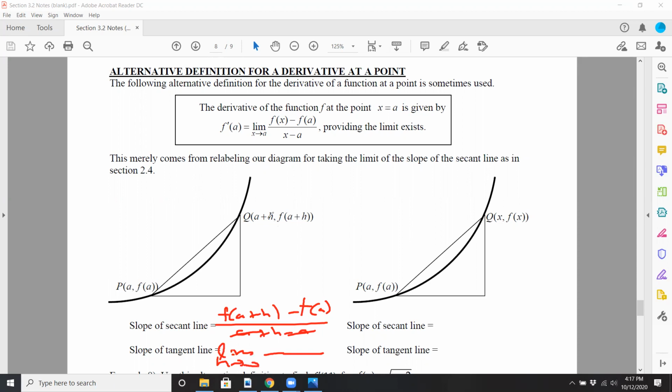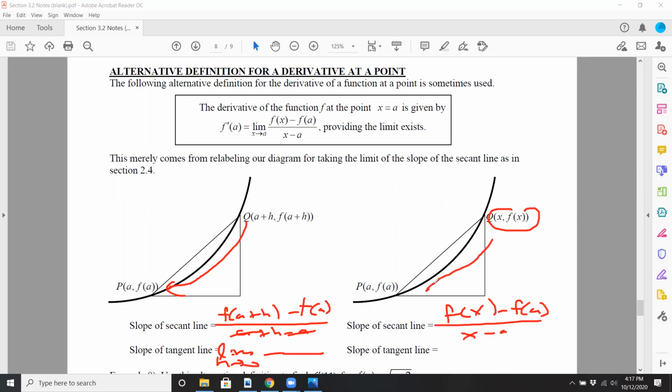Because as h approaches 0, Q gets closer to P. Now we're going to do the same thing, but with different variables for point Q. So you're going to do f of x minus f of a over x minus a.